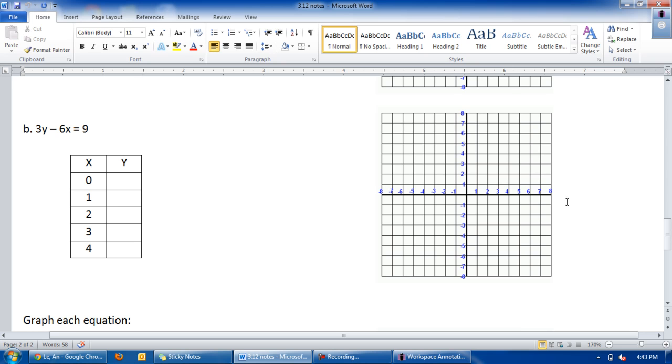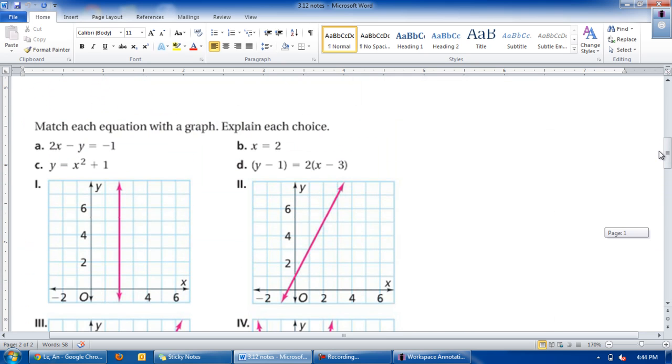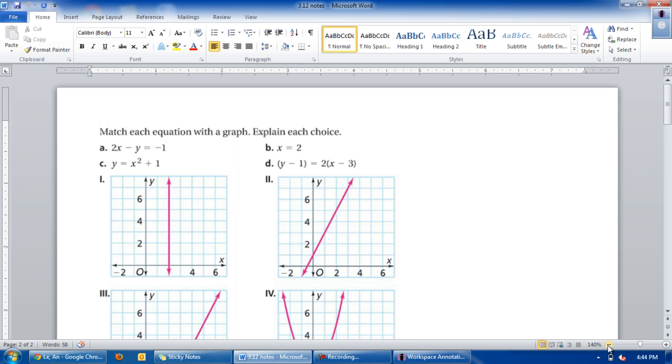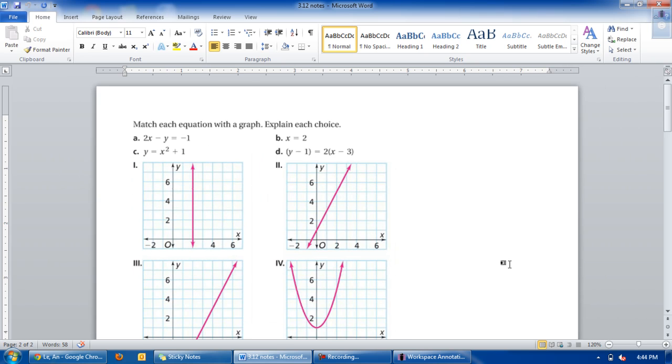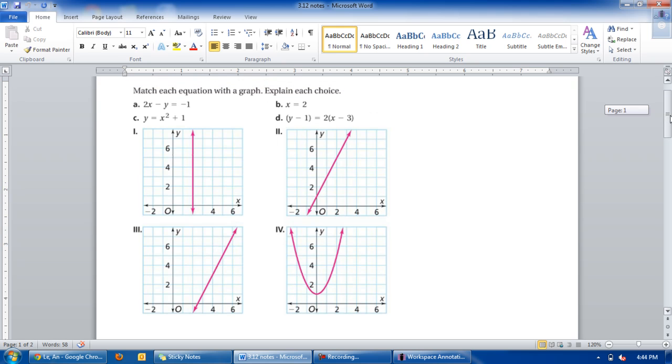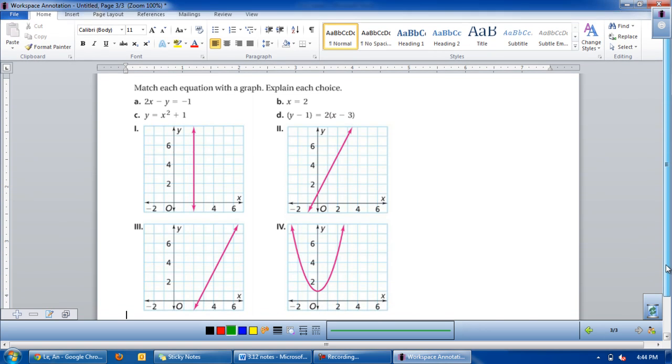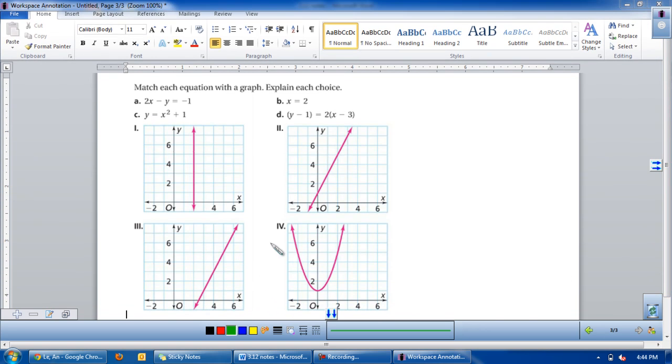The next example we're going to go over is how to identify the graphs, match the graphs with the equation. Alright, so this is what we have. Right away, we see this parabola.